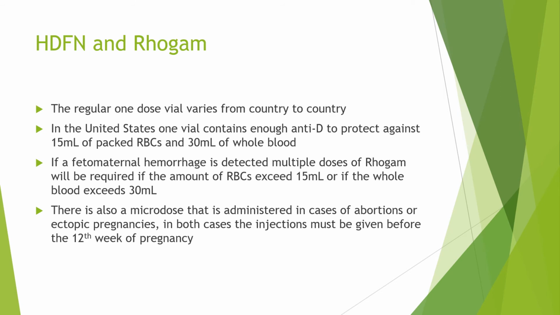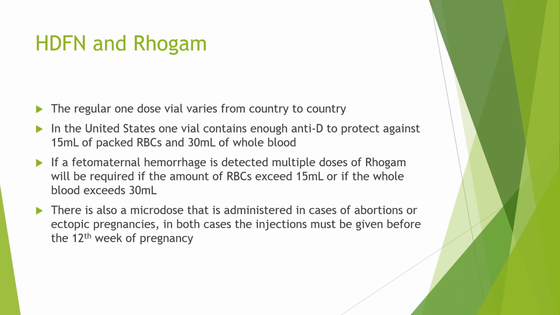The regular dose varies from country to country. The World Health Organization says that a dose is about 300 micrograms, and in the US, one vial contains enough anti-D to protect against 15 milliliters of packed RBCs and 30 milliliters of whole blood.